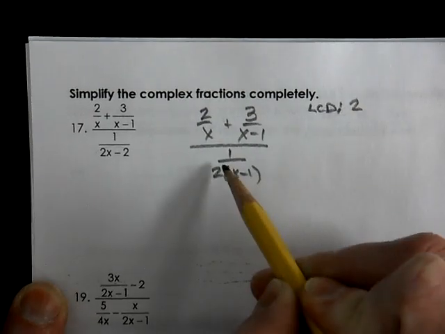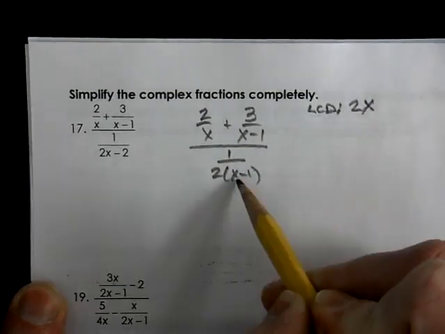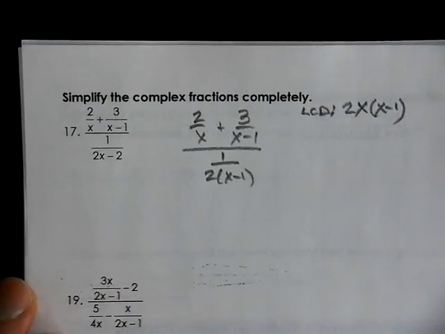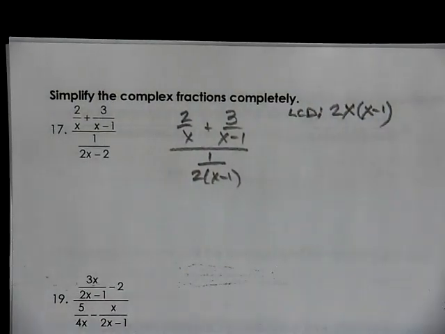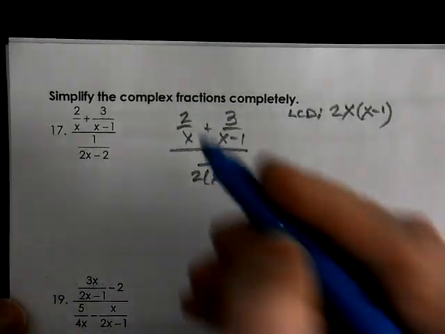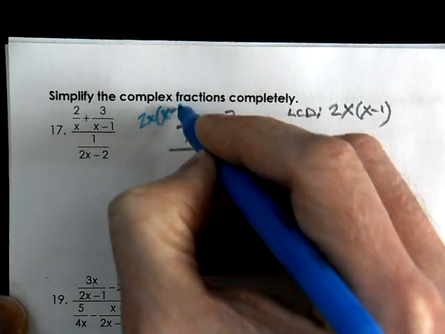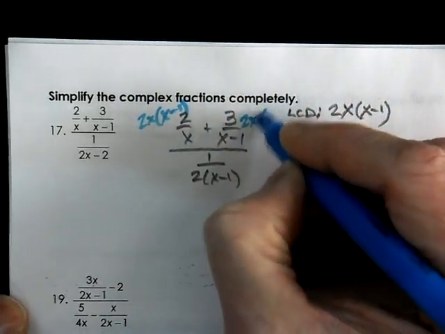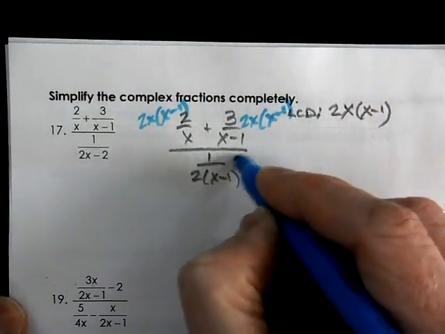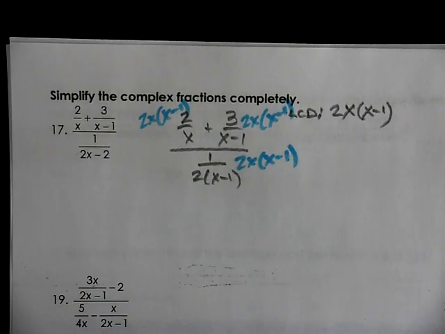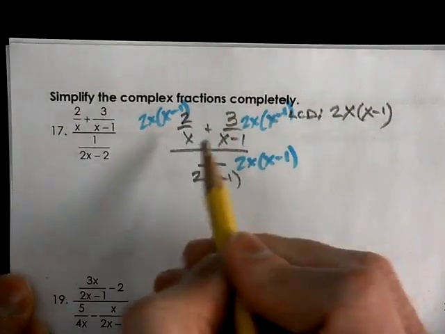So it looks like a 2, an x, and an x minus 1. That would be our LCD. So we would multiply every one of these fractions by 2x, x minus 1. You multiply it to all the fractions. Then we reduce.